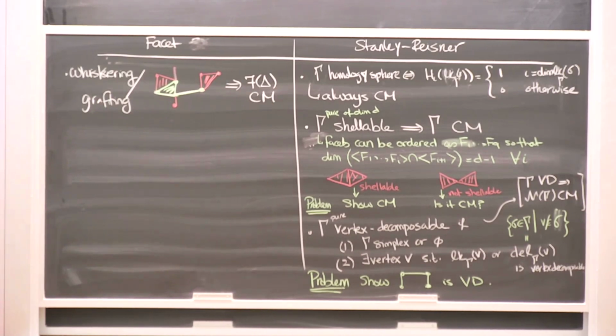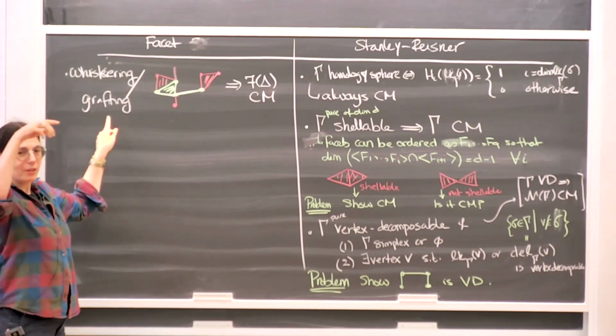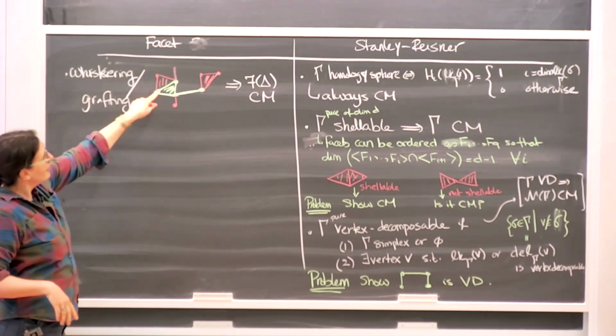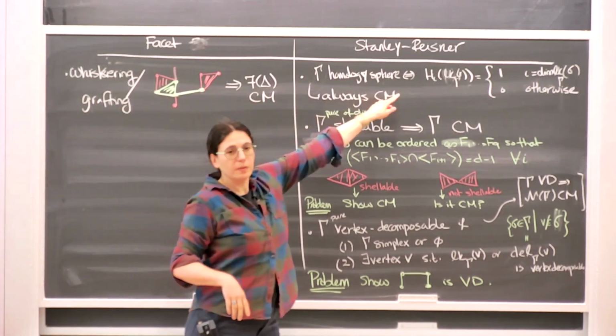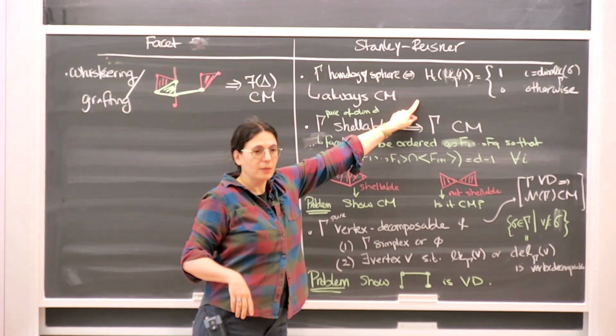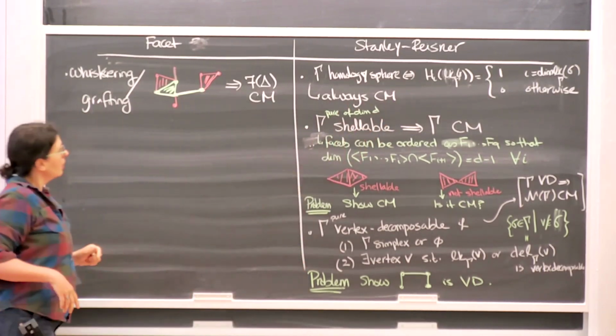And actually, recently we showed with a bunch of people, including Adam, and I think we rediscovered that in another paper, that when you do this, you're going to actually get a homology sphere.